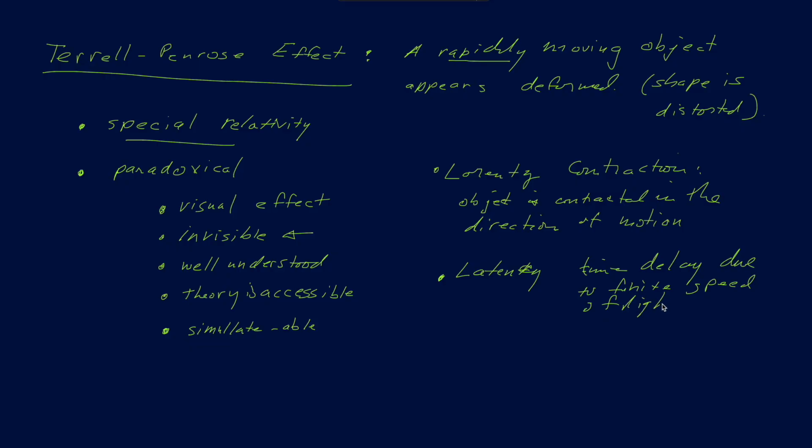So another way of saying this is that if the speed of light were infinite, there would be no latency. It's the fact that light speed is non-infinite that you have latency. So anyway, these two things together give you the Terrell-Penrose effect.